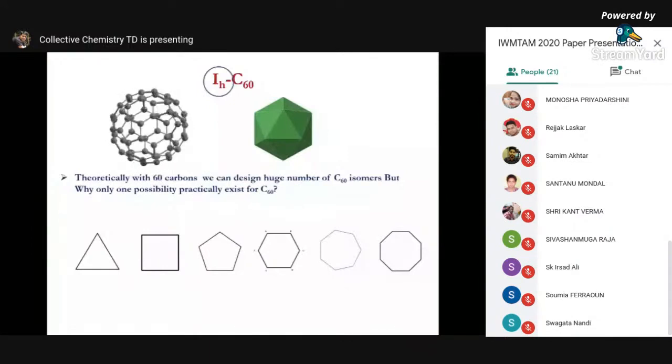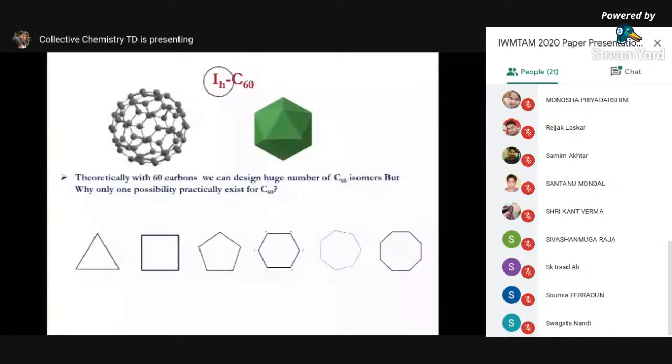If we start to answer this question from sketches, then to design a fullerene or any spherical geometry, we can take trigonal, tetragonal, pentagon, hexagon, septagon, or greater faces, and these are the corresponding geometries.